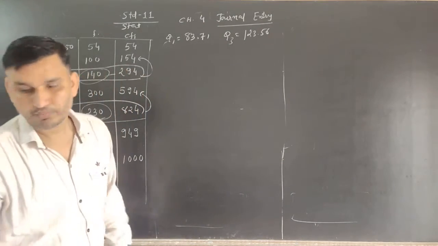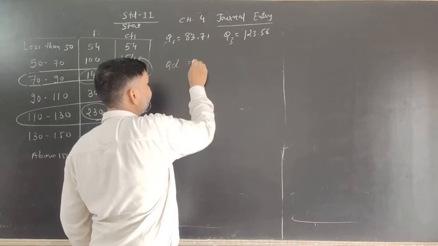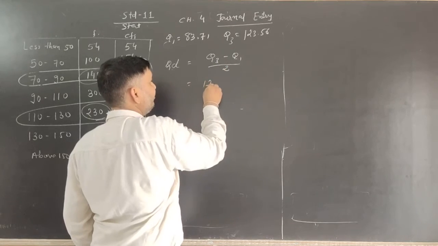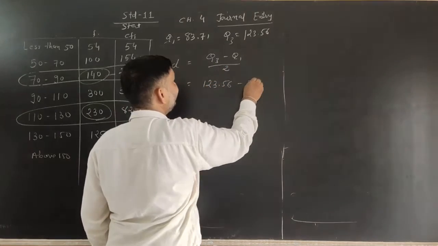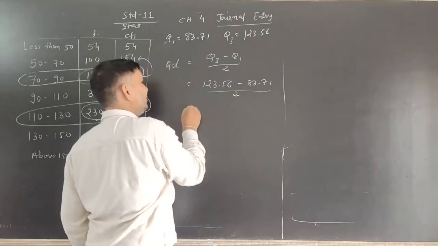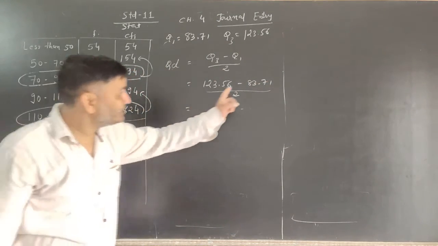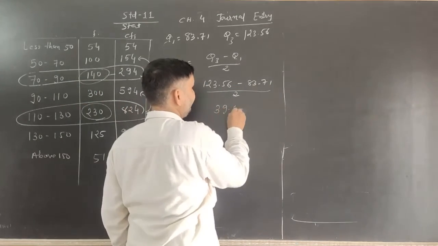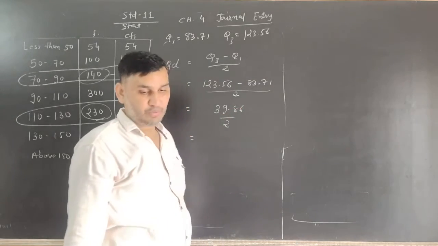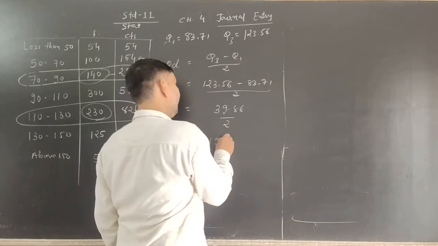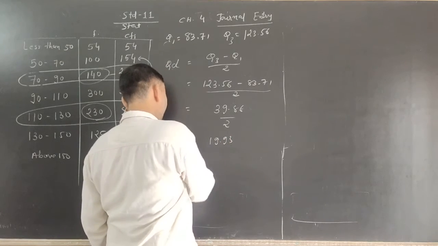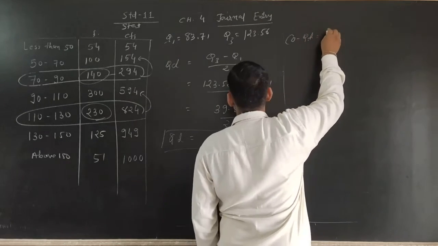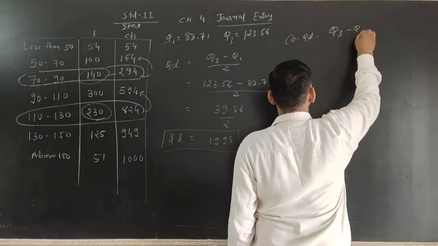The formula of quartile deviation is Q3 minus Q1 divided by 2. So 123.56 minus 83.71, the difference is 39.85, divided by 2 is 19.93. That is the quartile deviation.